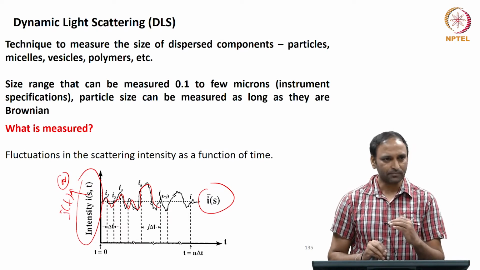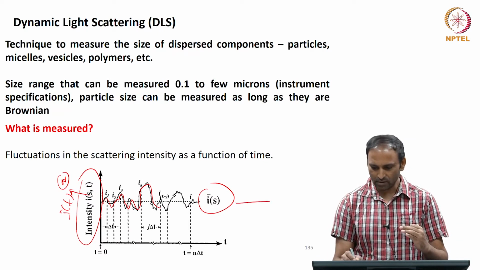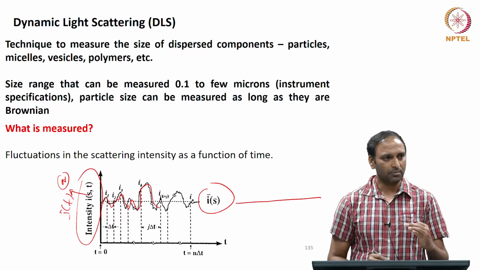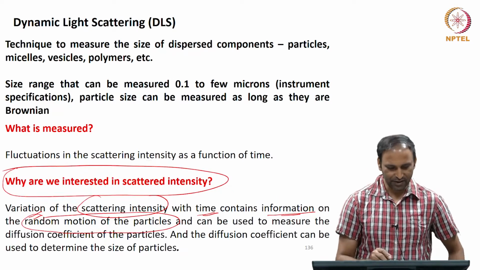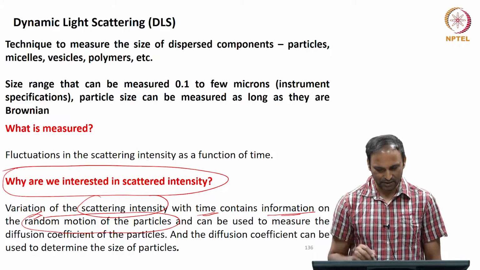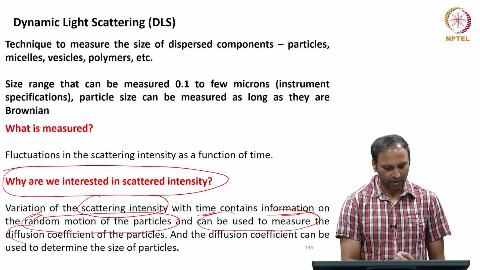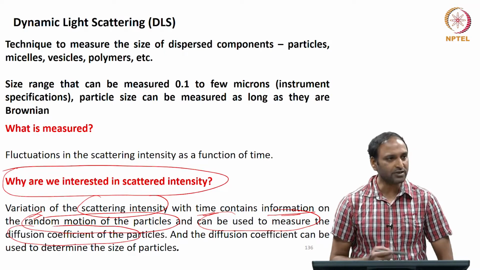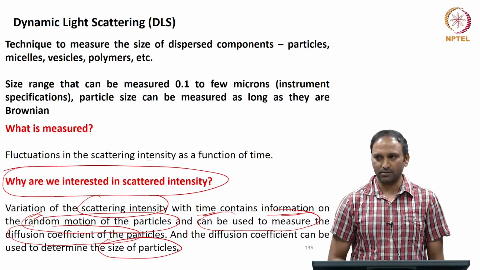If you somehow fix them in space, then your intensity is going to be a constant. But the fact that the particles are continuously moving around is what gives rise to this fluctuation in the intensity. And this can be used for measuring the diffusion coefficient, and once the diffusion coefficient is known, I can actually get the size of the particle, right.